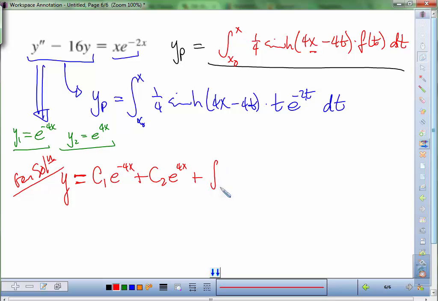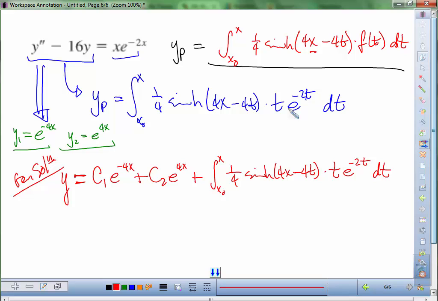I'm going to rewrite everything over. So there's your solution. By the way, if you were to pump this through the integral and evaluate from x naught to x, x naught is a constant and x is a variable, this will eventually be a function of x, and the t's will all go away because it's a dummy variable inside of the integral. Okay, now we're done. This is the general solution.